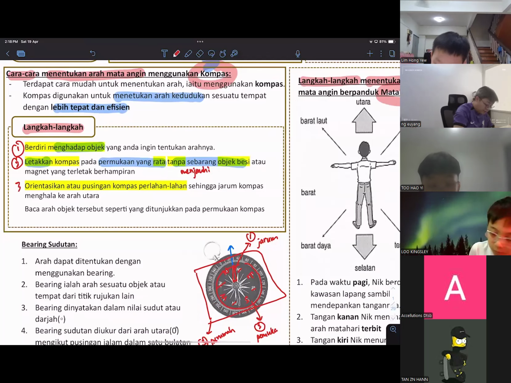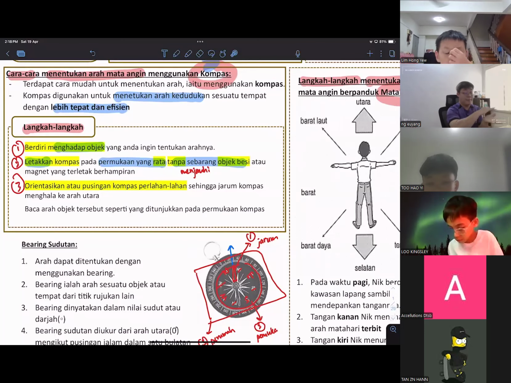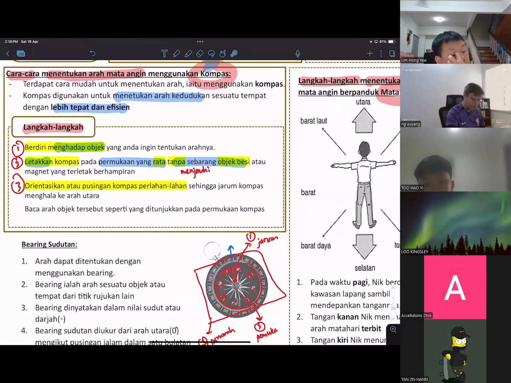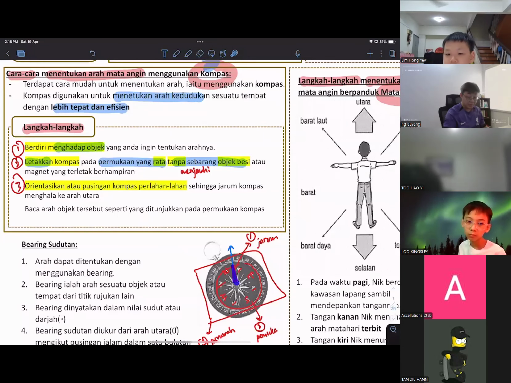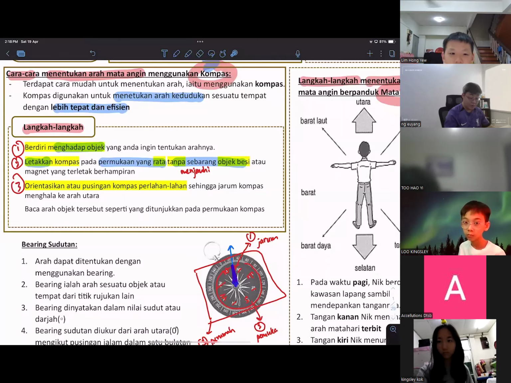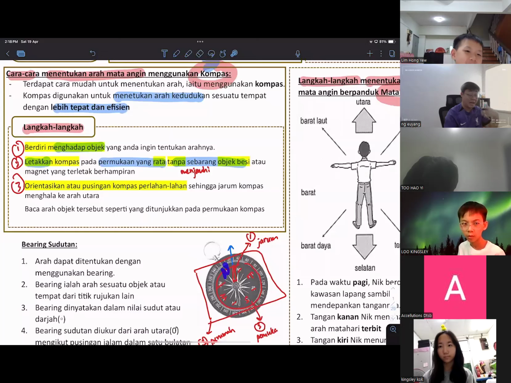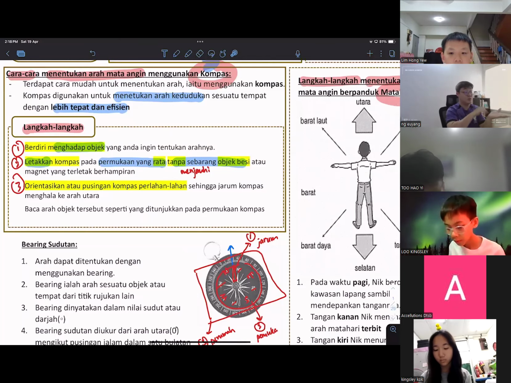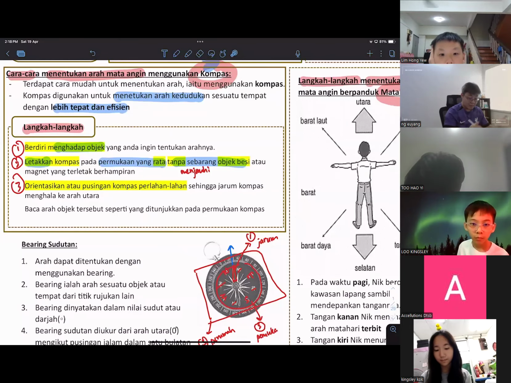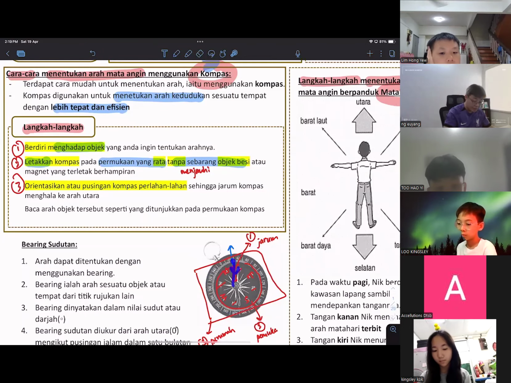So the third one, after you have placed the compass on a flat surface without any metal object, it's time for you all to adjust. The needle is already pointing towards the north side. So we just have to align the permukaan for the letter U, which is referring to the Bahasa term utara. So just make sure the permukaan is slowly orientating, which means pusingkan, memutarkan the whole compass, using the permukaan U to align with the jarum.